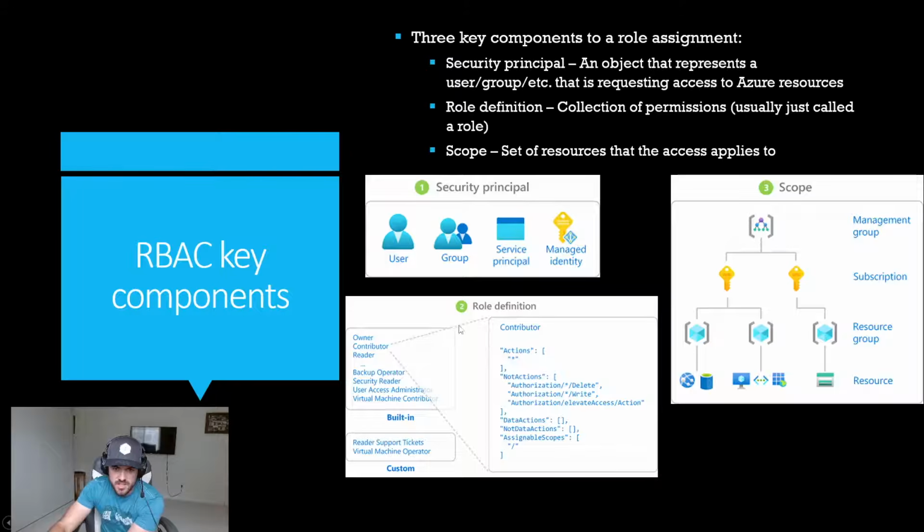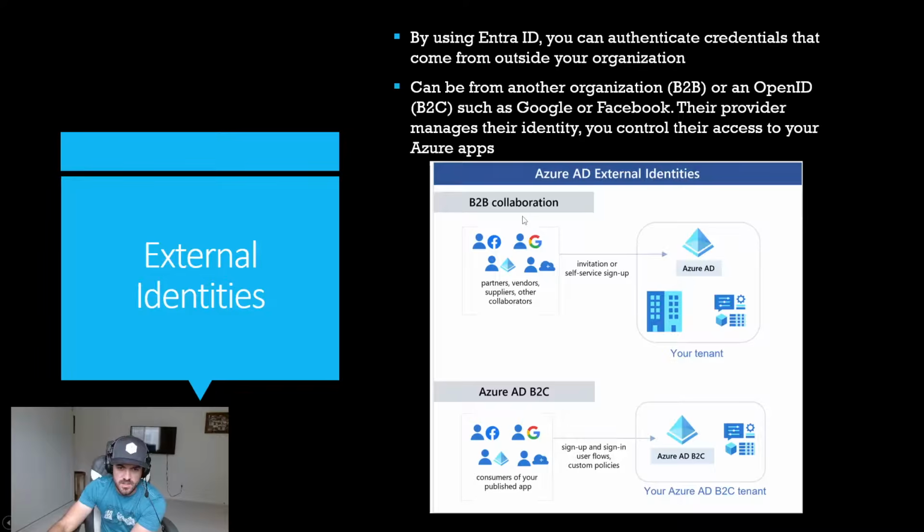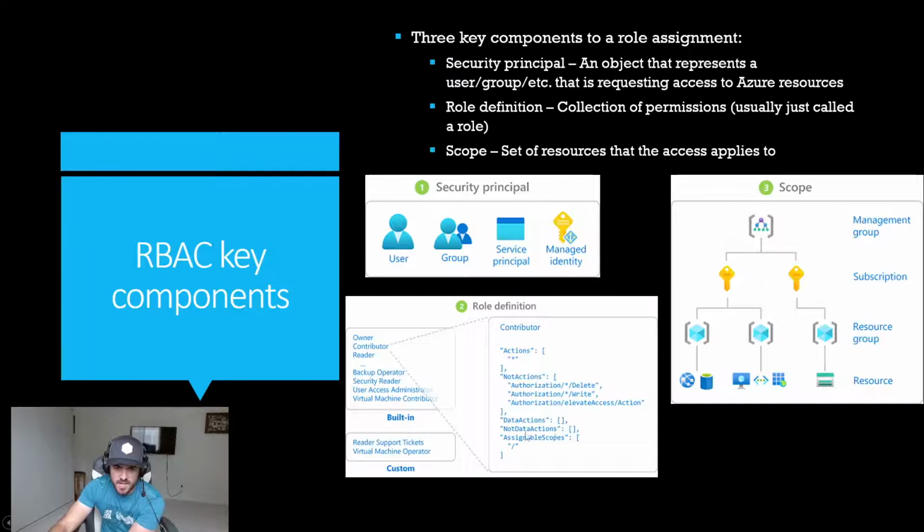So basically, this contributor, you subtract these out of the equation, and because there's an asterisk here, this contributor can do basically everything else except for these specific actions, okay? And then similarly, the same subtraction is done for any data actions. So if you had not data actions here, those would also be excluded from this asterisk actions. Okay.